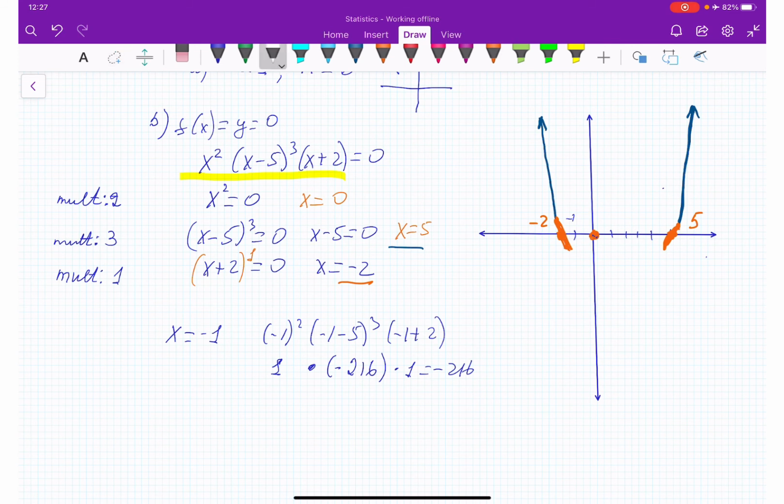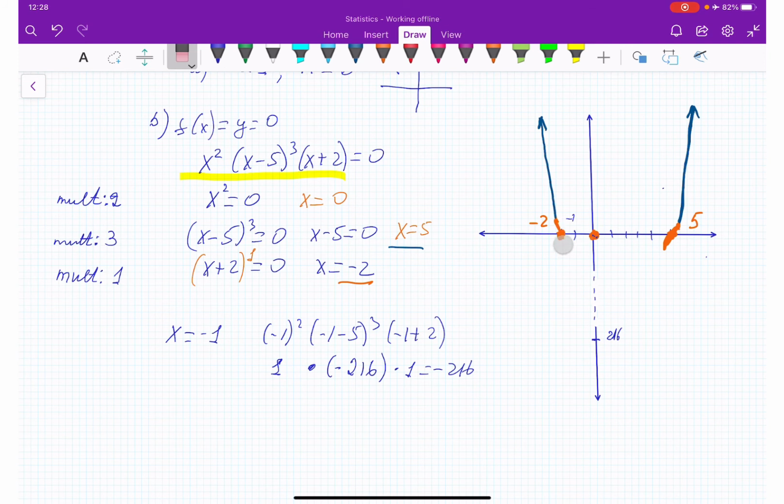Great. Let's do this then. And then I'll make a cut here. So assuming this is 216, okay, I'll put 216 here, at the point -1.